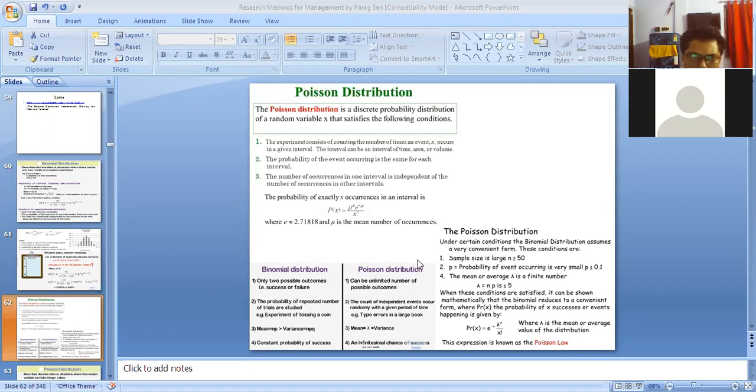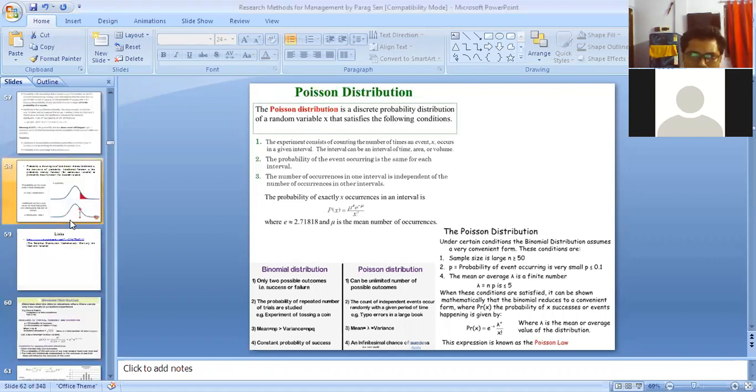Okay, so the characteristics of the distributions, I will request all of you to go through these slides and have a general idea, at least some basic idea, about these distributions, and which particular distribution can be used when.